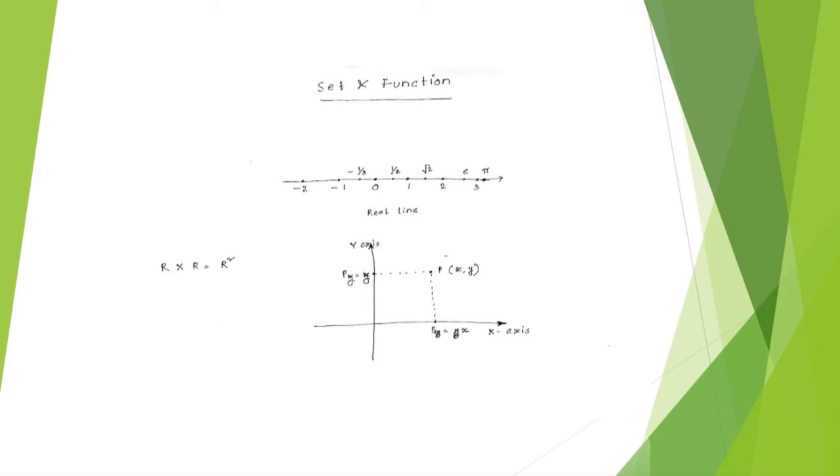Let no one be deceived into thinking that the real line is a simple thing, for its structure is exceedingly intricate. We may come across some properties in the near future, but I can assure you that its structure is exceedingly intricate.